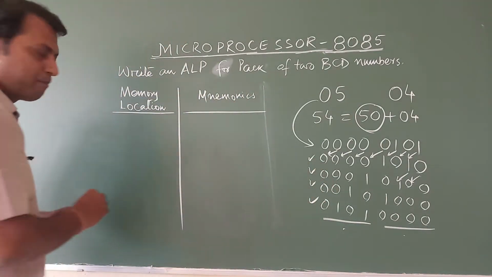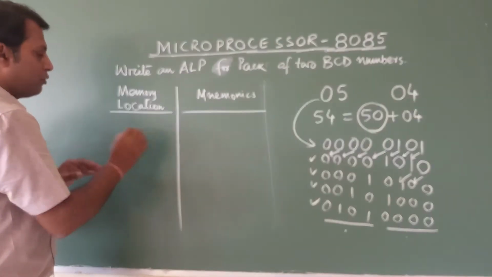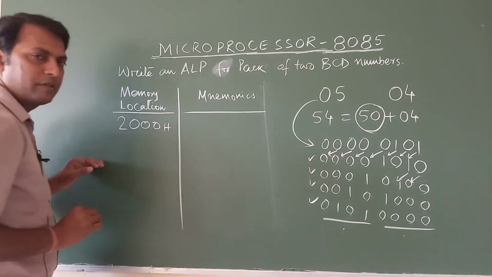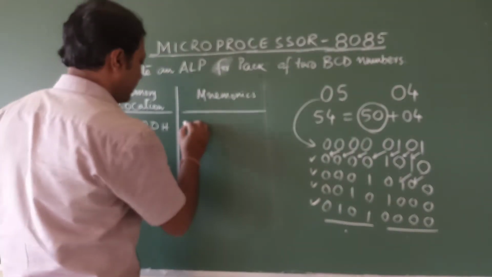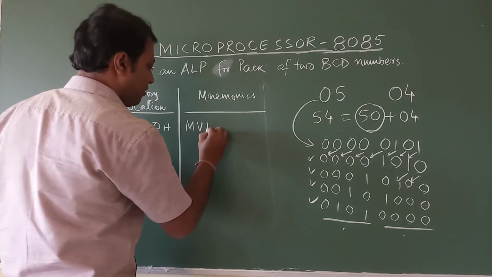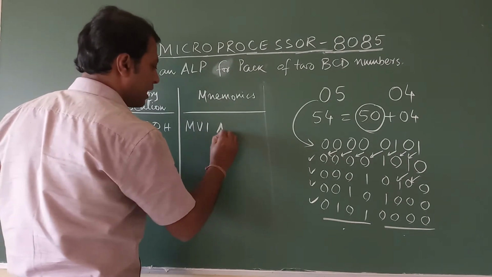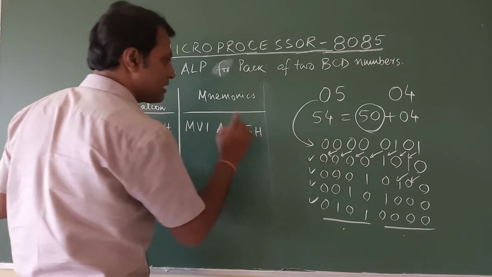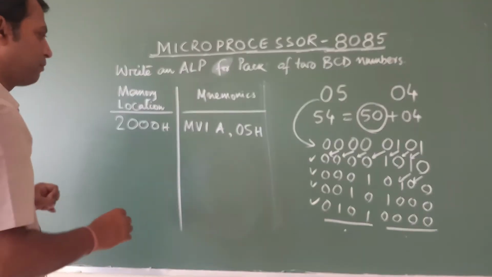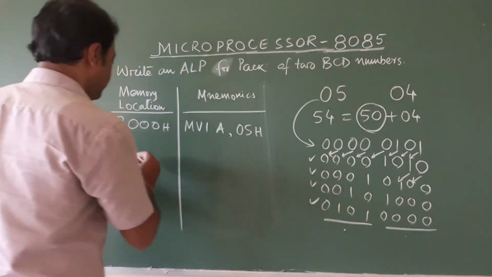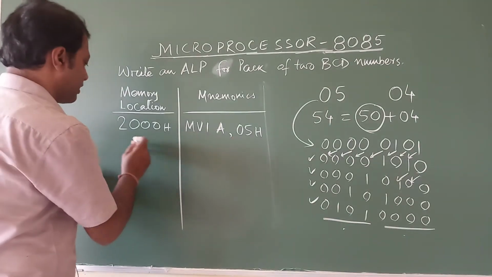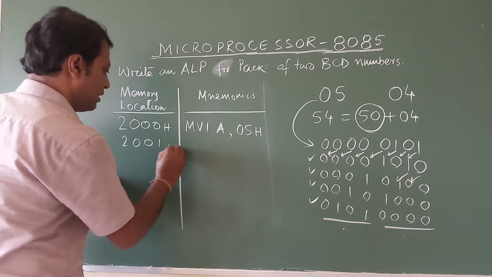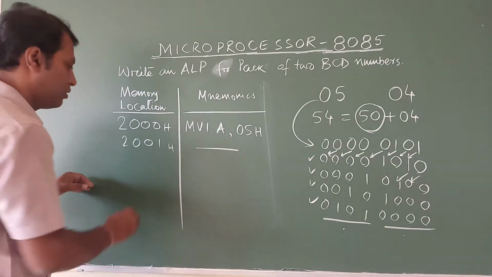Now write the program. So suppose we start the program from 2000H of memory location. So first we take this number, MVI A, 05H. This H represents hexadecimal. Then this is a 2-byte instruction, so the 2001 memory location is also required.